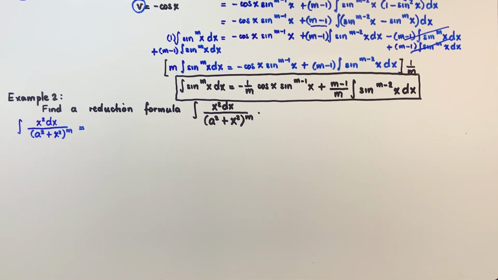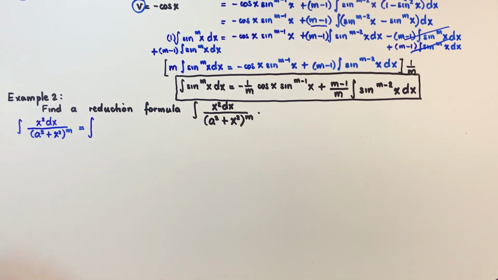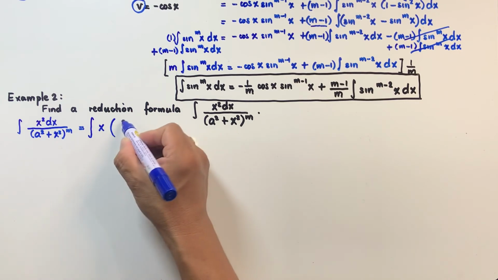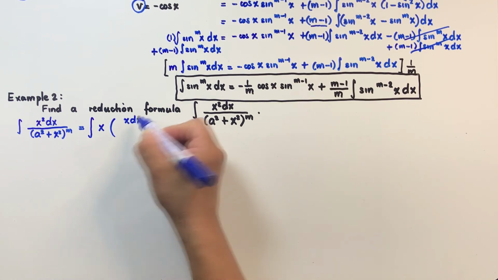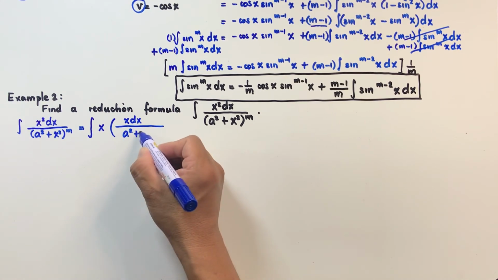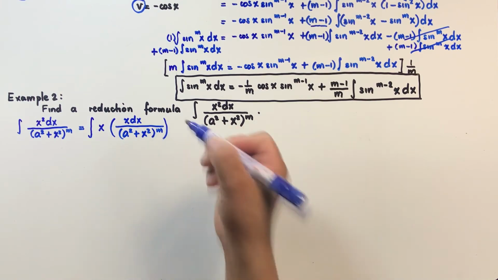So what I will do is factor out one x from this x squared. So we have x times x dx over the nth power of a squared plus x squared here.